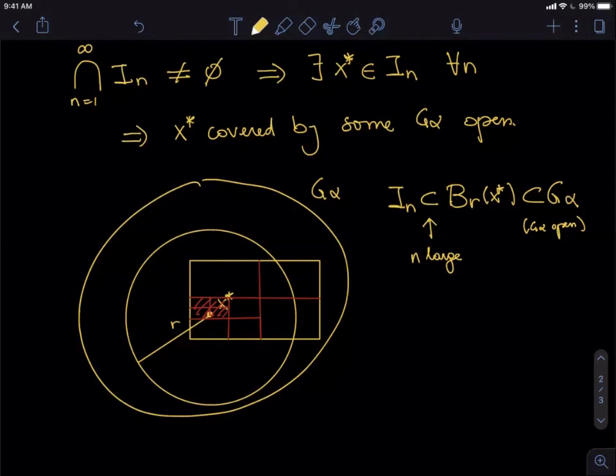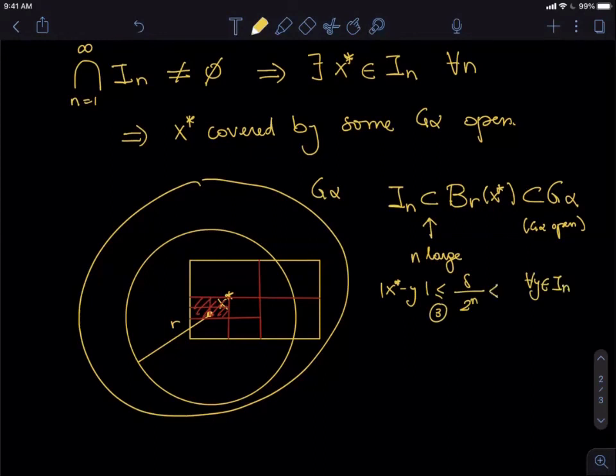If you don't completely trust this, we can always ask, what is the distance between X star and Y for any Y in the IN? This is at most delta divided by 2 to the n, by property 3, and this is true for every Y in IN.